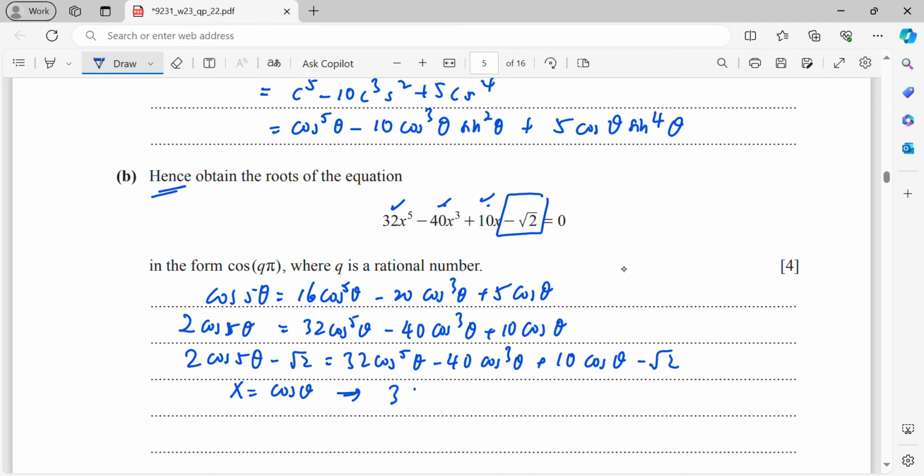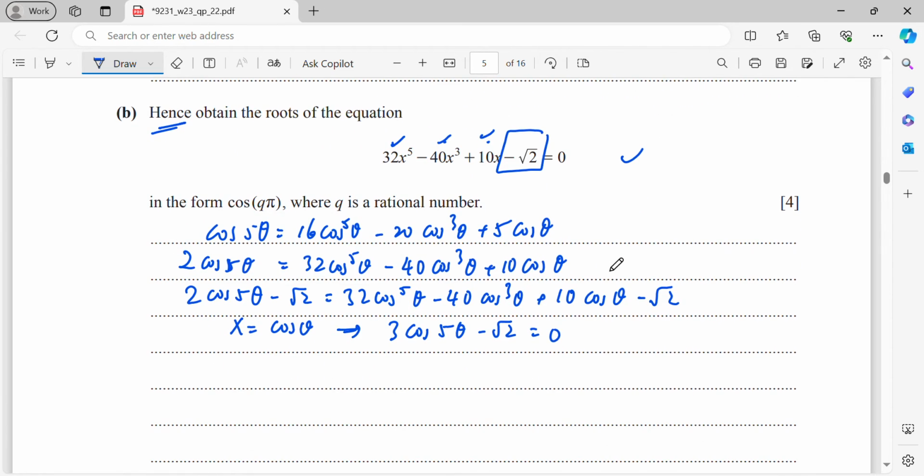Therefore, 2 cos 5 theta minus square root 2 equals 0 for this equation. So now I will just solve this equation, which means cos 5 theta is square root 2 over 2. Wait, oh sorry, this is 2. I wrote it wrongly. This is 2.